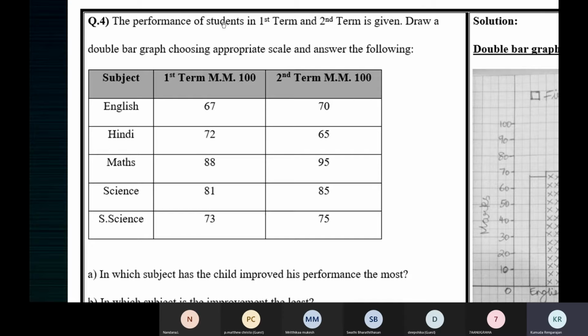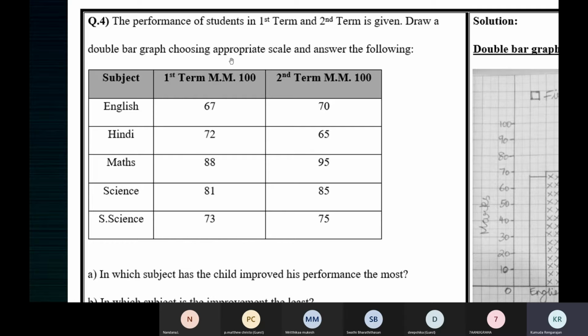The performance of one student in first term and second term is given. One particular student has got these marks in the first term exam and these marks in the second term exam. What are we expected to do?